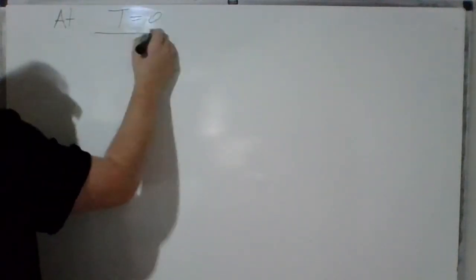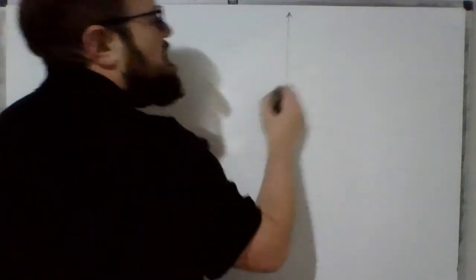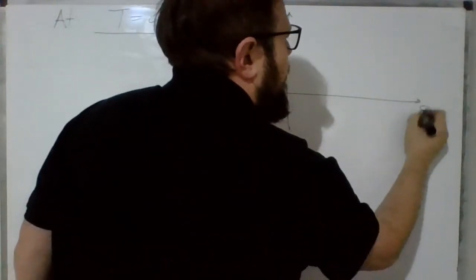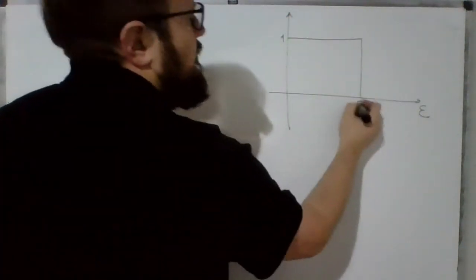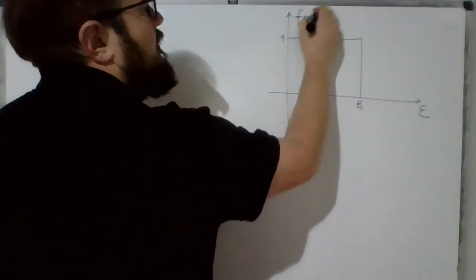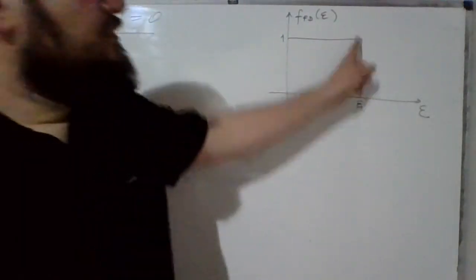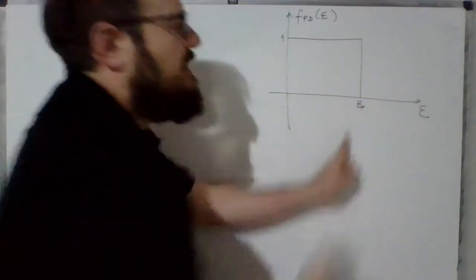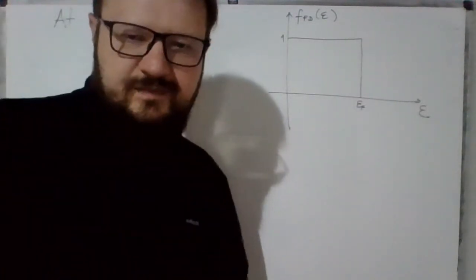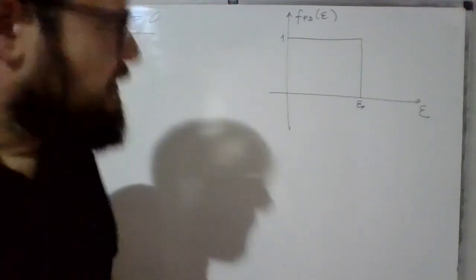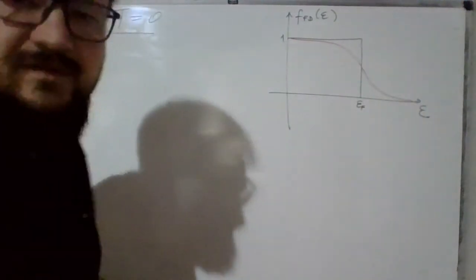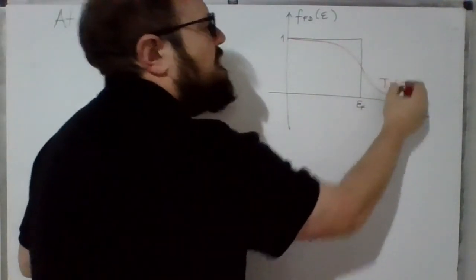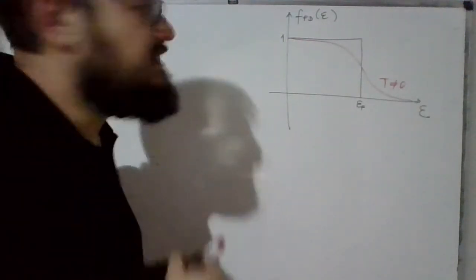at temperature equal to 0. Just remember, the Fermi-Dirac distribution with respect to energy is the following: 1 till you reach the Fermi energy, the Fermi level, and 0 otherwise. The temperature produces the following: the smearing of the Fermi-Dirac. So this is for temperature distinct from 0, and this is for temperature equal to 0.